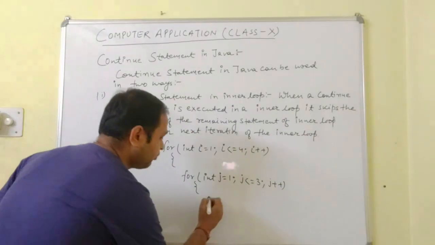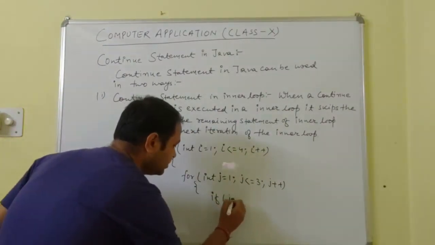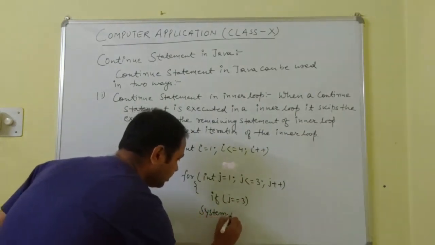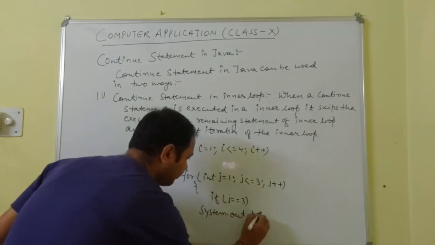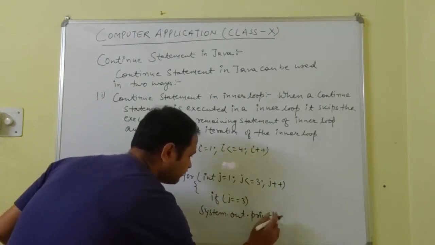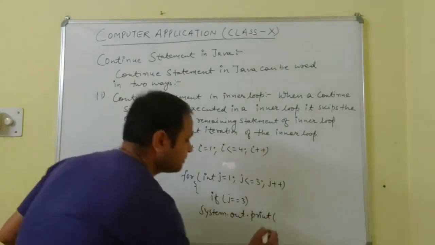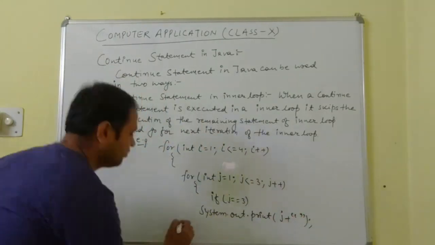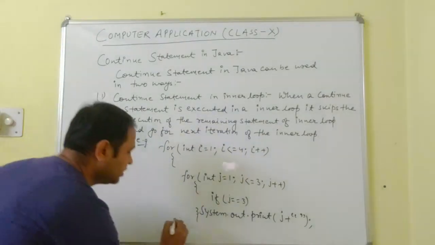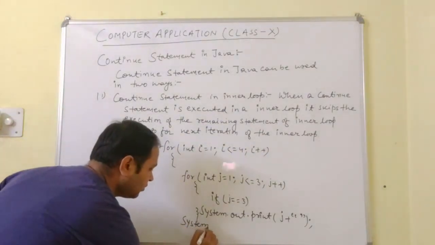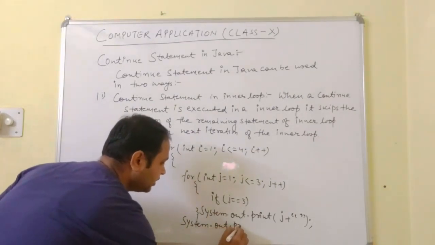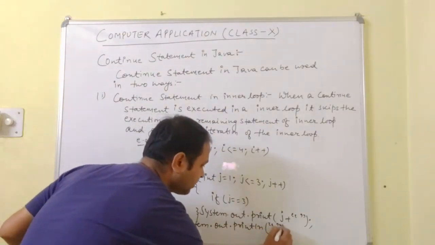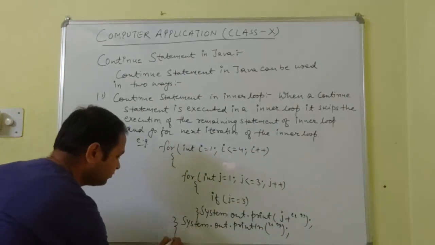After that, if j equals 3, then I write System.out.print the value of j, and outside the loop I write System.out.println with a blank message. Then I close the outer loop.